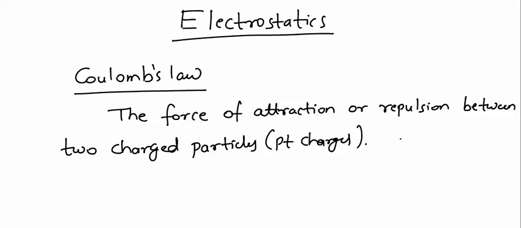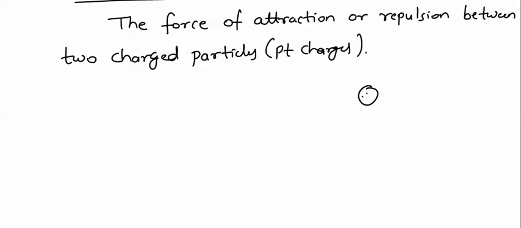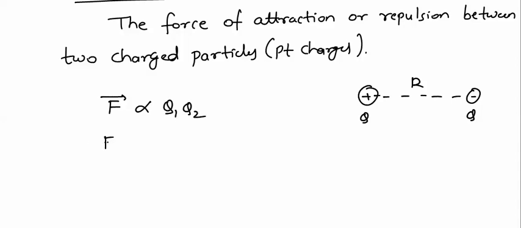Now if I consider two charges q and minus q separated by a distance r, then the force vector is directly proportional to q1 q2. Also, the force vector is inversely proportional to r square. Combining both, we get q1 q2 by r square.